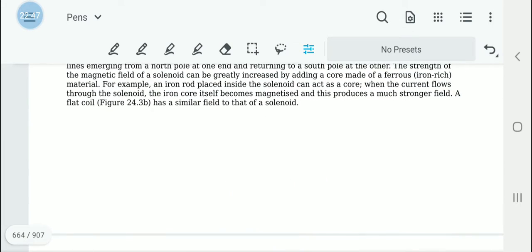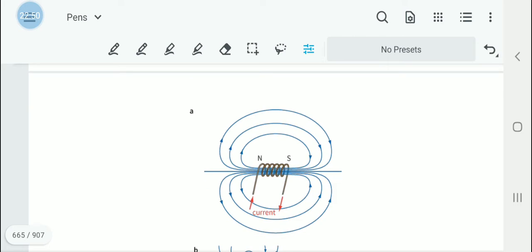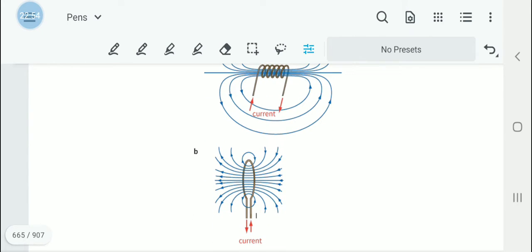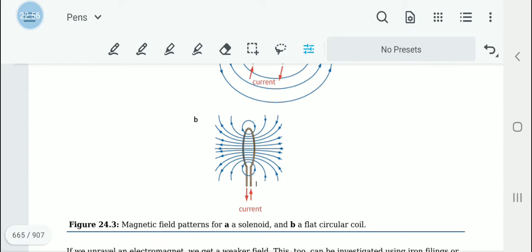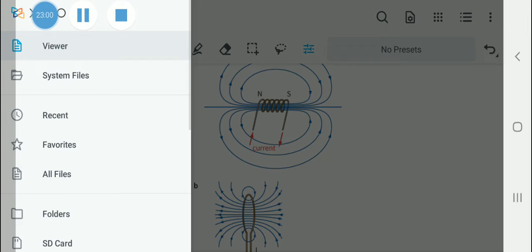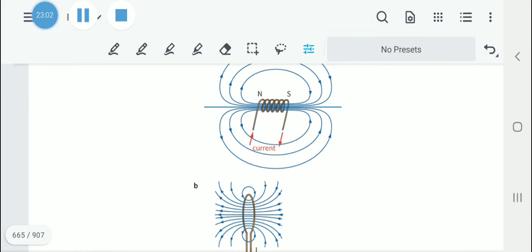A flat coil and a solenoid both would have similar fields, and please draw this 24.3 diagram. Draw a sketch of 24.3.